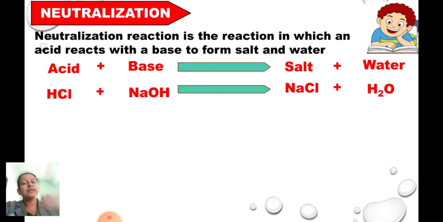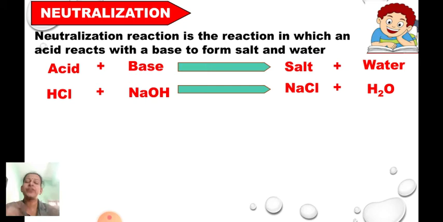If instead of HCl we take H2SO4, which is also an acid, sulfuric acid, and NaOH, what will be formed? You will get Na2SO4 and H2O.